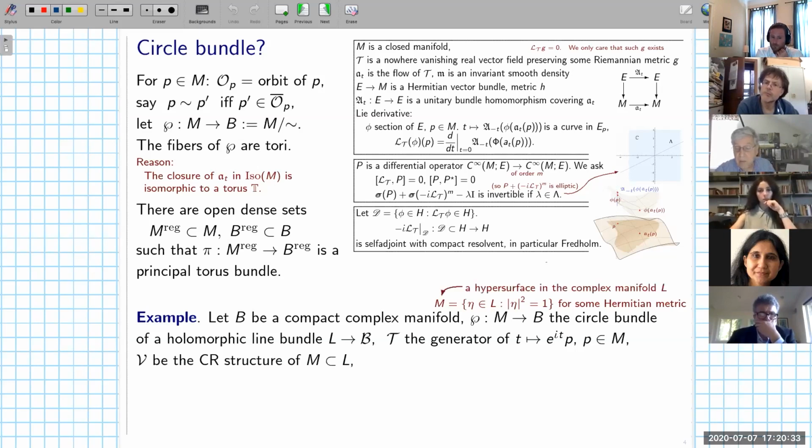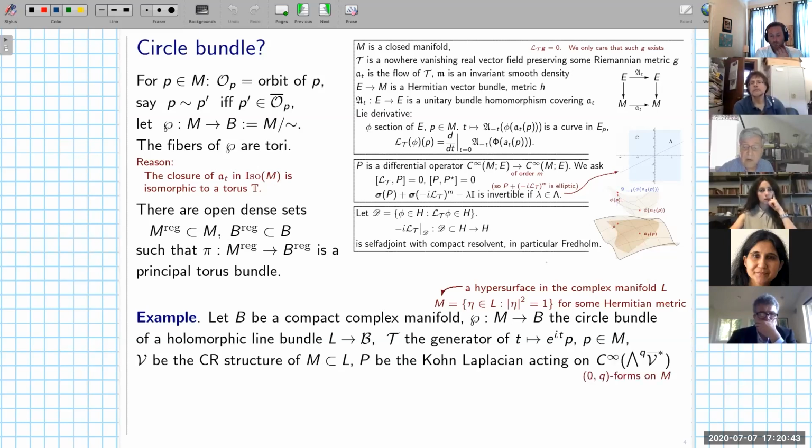Then, because this is a hypersurface in the complex manifold L, one has a CR structure in M, and then one can look at the Kohn Laplacians on (0,Q) forms on M. Okay, and that would be the operator, and then it commutes automatically. This is elliptic.